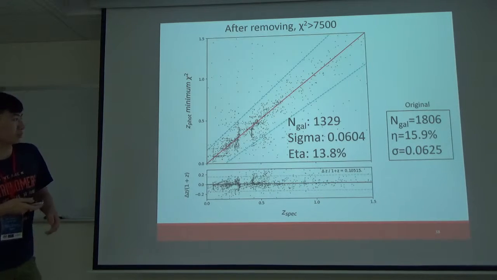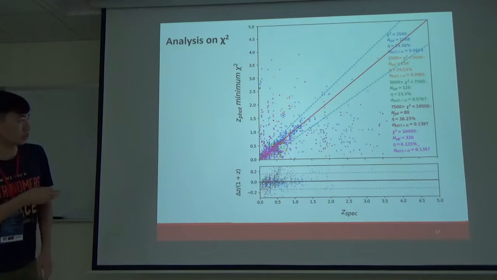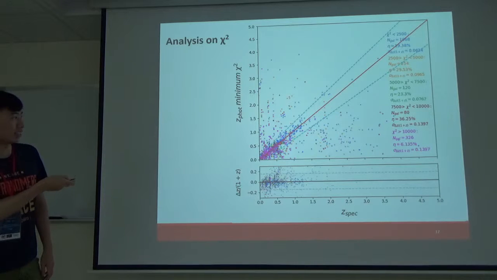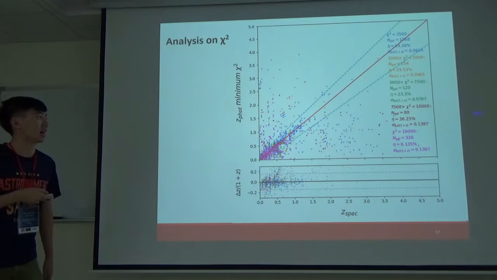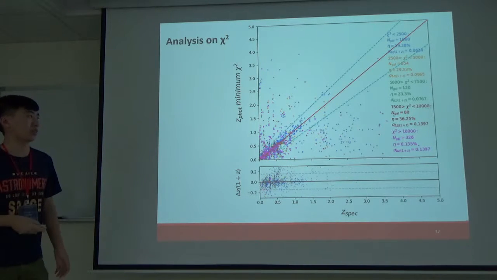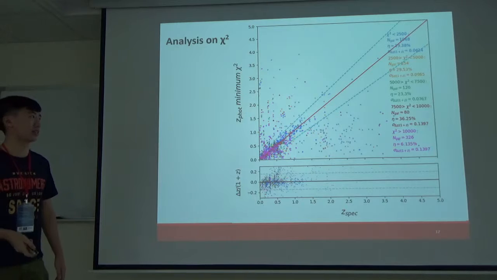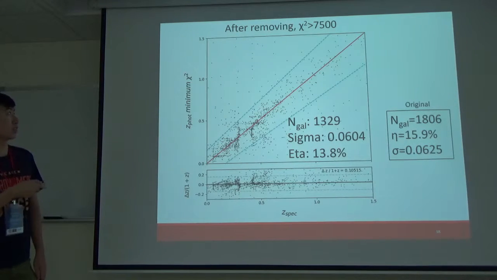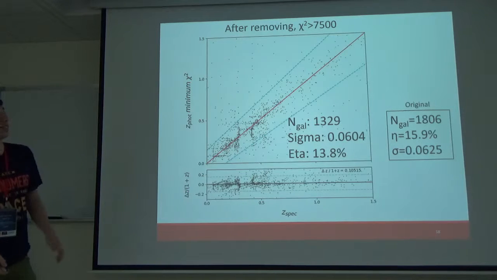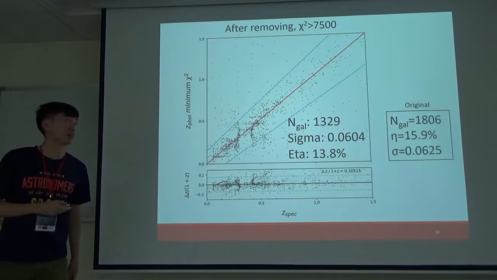I try to exclude those. You can see that the outlier fraction is worse when the chi-square value is larger than 7,500, and the redshift deviation is really bad for more than 7,500. So I try to exclude them. This is the result after removing chi-square values larger than 7,500.